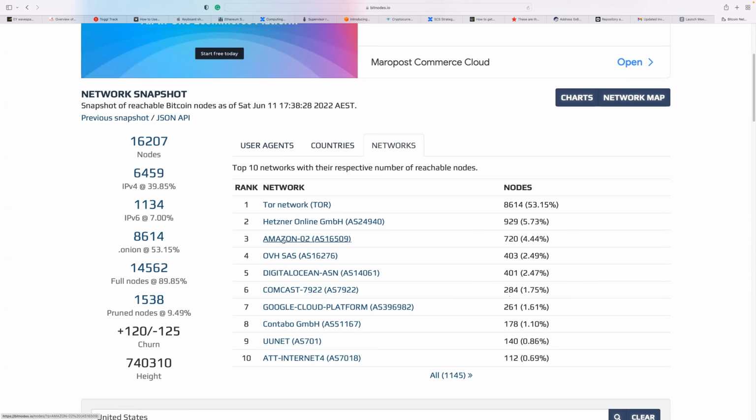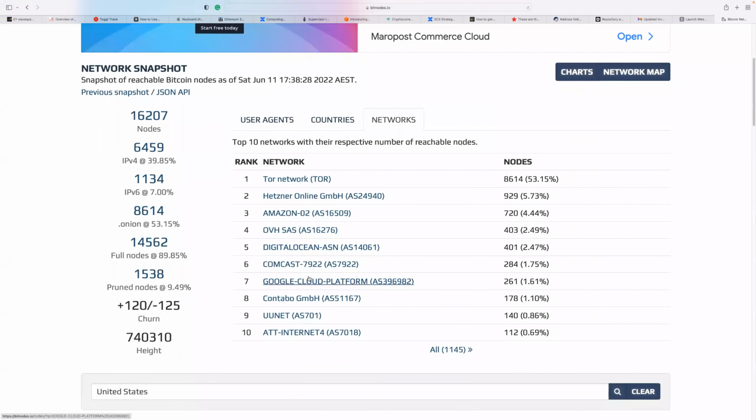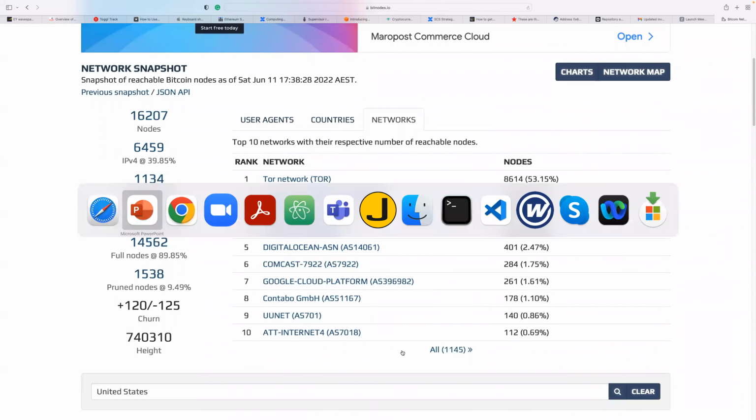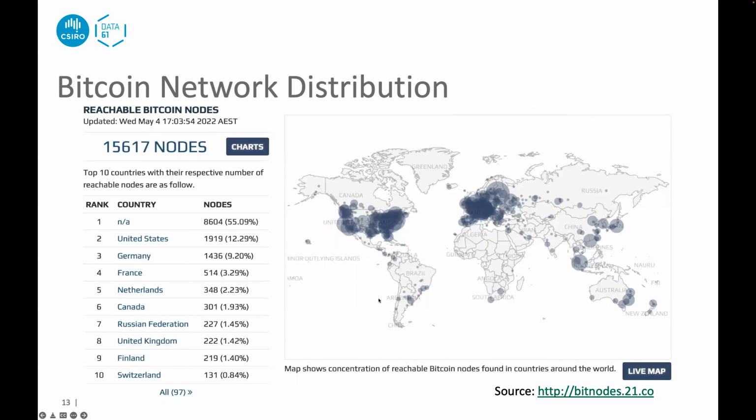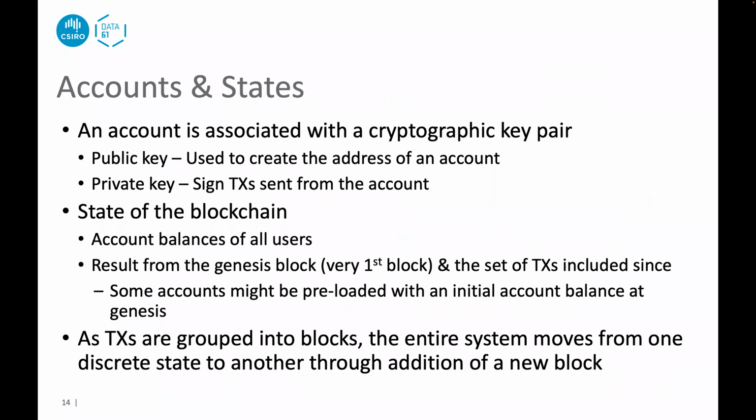Quite a lot of people run their Bitcoin nodes on AWS, and some of them remain anonymous under a VPN. Google Cloud even is here. You could explore a few additional details as well. We could definitely find the IP address of a miner, but we don't necessarily know whether that IP address is behind a VPN or not, or maybe behind a NAT and things like that.